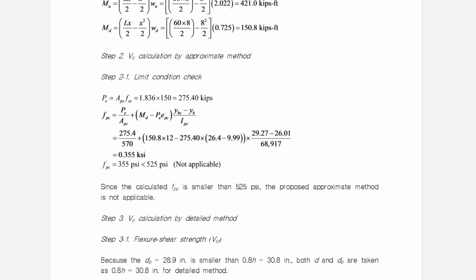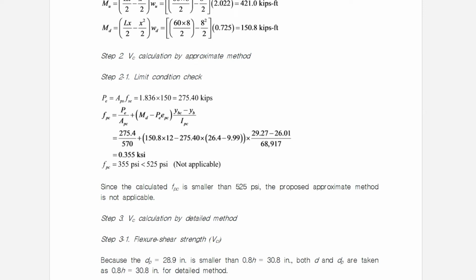So FPC should be calculated carefully following the definition, and this is exactly the same as that in the original PCA notes. Anyway, it's calculated to be 355 psi, way smaller than 525 psi. So approximate method cannot be used. So let's use the detailed method.